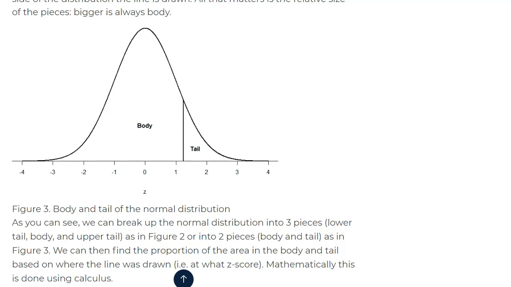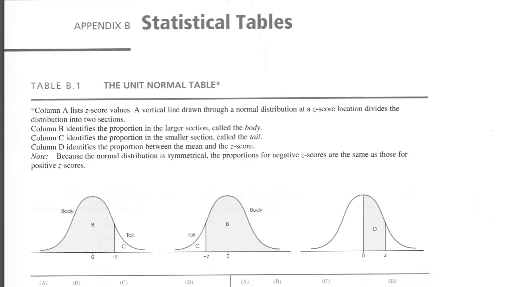The body typically refers to the area encompassing the area past the mean, and the tail is typically that smaller version. Most stats classes teach students to make these connections with percentages, which are also proportions, depending on whether it's in decimal form or not, and then probability.